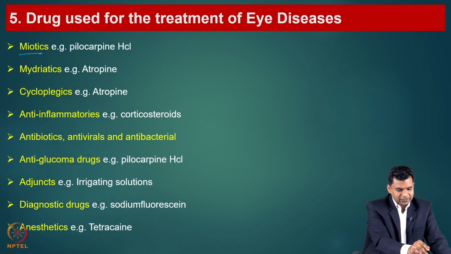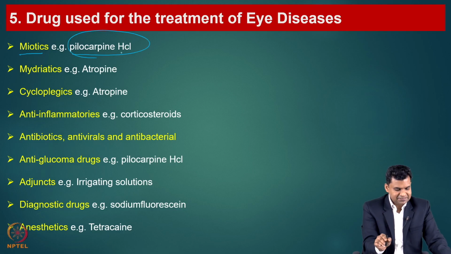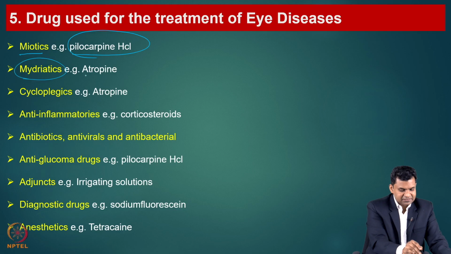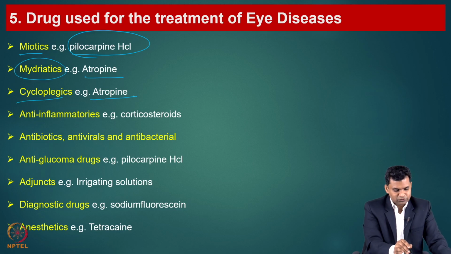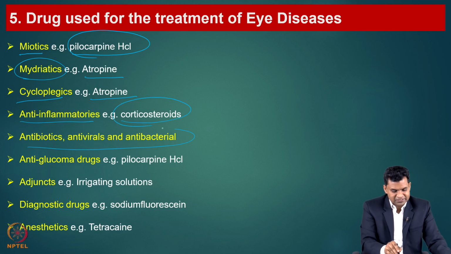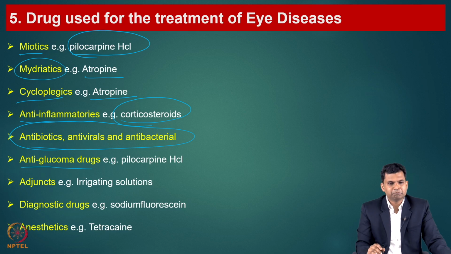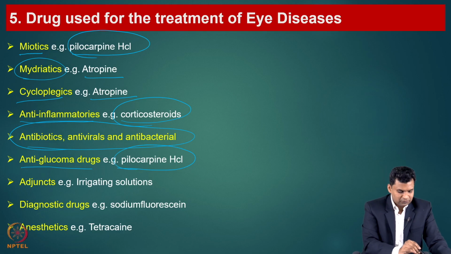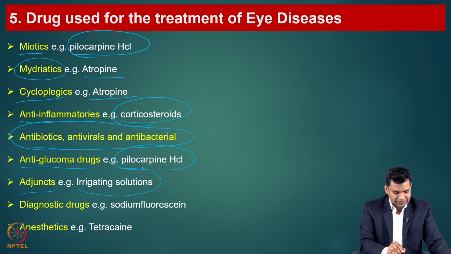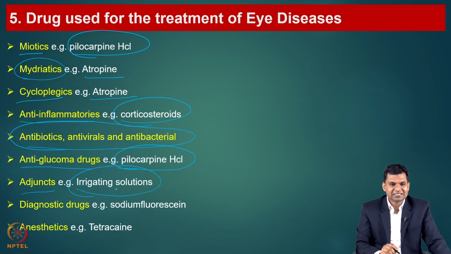For example, for miotics we use pilocarpine HCl, for mydriatics we use atropine, for cycloplegia we can use atropine, for anti-inflammatories we use corticosteroids, for various types of infections we use antibiotics, antivirals, antibacterial drugs, and glaucoma is one of the major problems, for which pilocarpine HCl will help in the treatment, and other adjuncts like we use 0.9% NaCl saline solution for cleaning of the eyes.